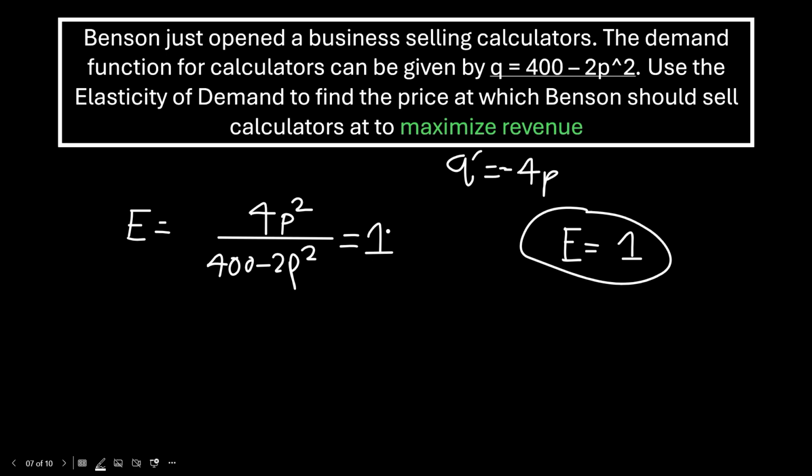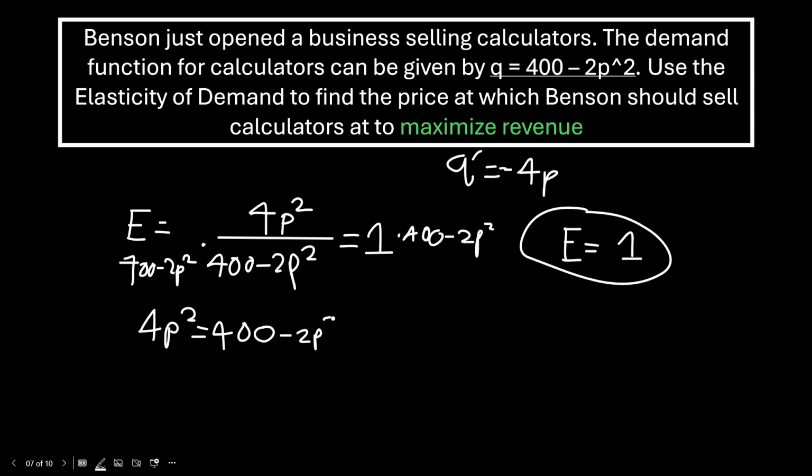Now, we multiply both sides by the denominator here, which is 400 minus 2p squared, which should get us 4p squared equals 400 minus 2p squared.